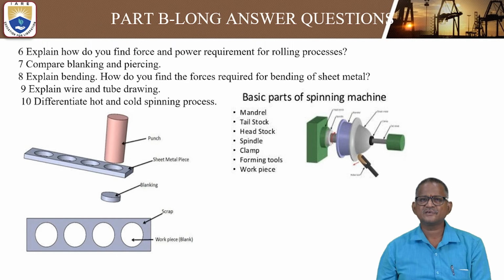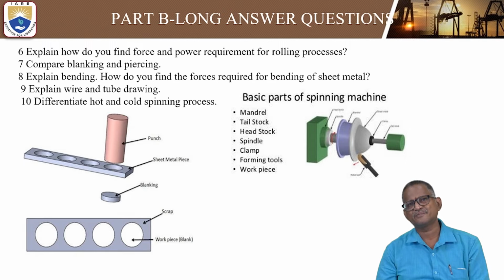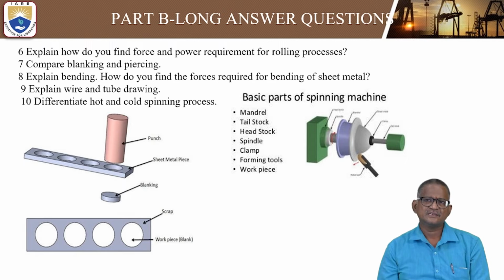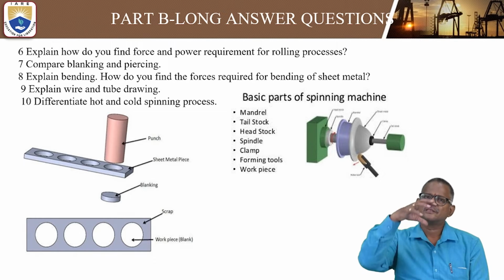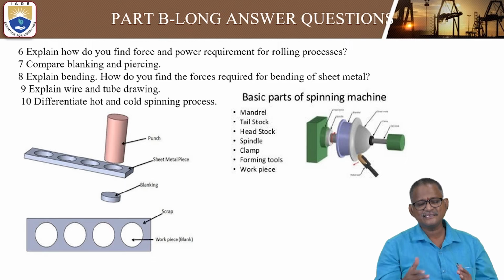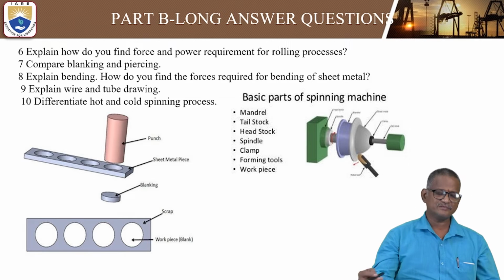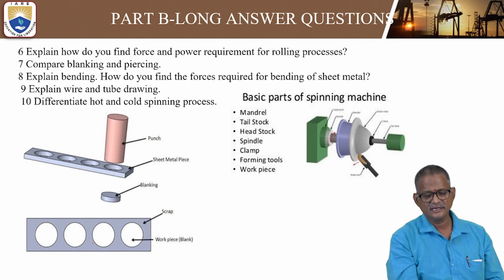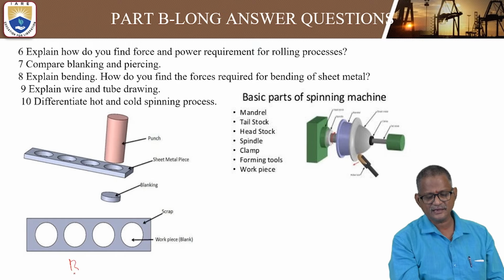And another thing here: what is the difference between blanking and piercing? This seems to be a 2-mark question. Compare blanking and piercing. Simply, the punched-out part is called a blank, and making a hollow shape is called piercing. In detail, you can explain with the help of the figure. This is called the blanking operation.